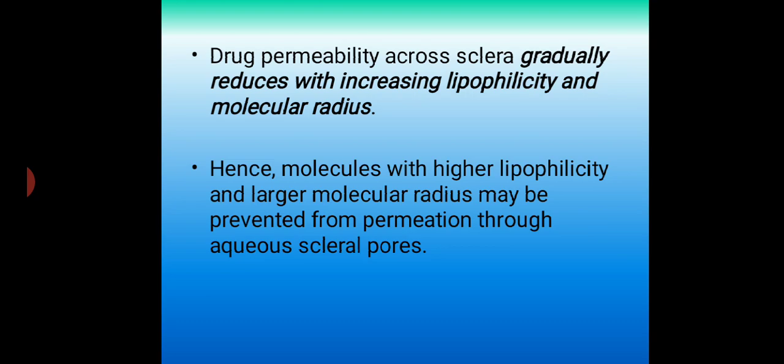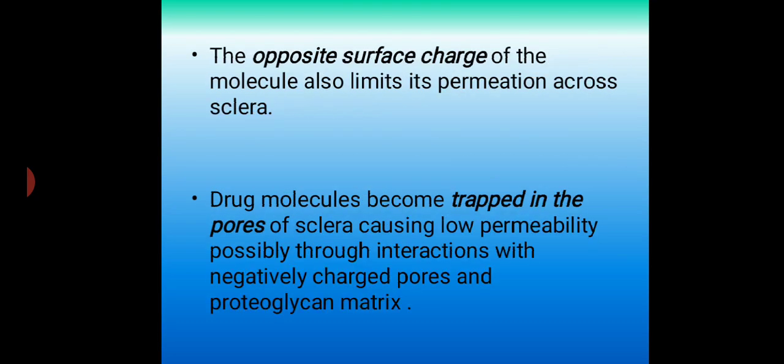Hence, molecules with higher lipophilicity and large molecular size may be prevented from permeating the sclera. One more factor is the charge of the molecule. Oppositely charged molecules also limit permeation through the sclera.